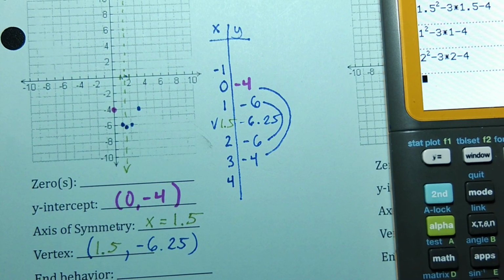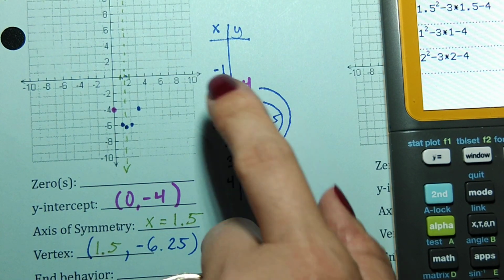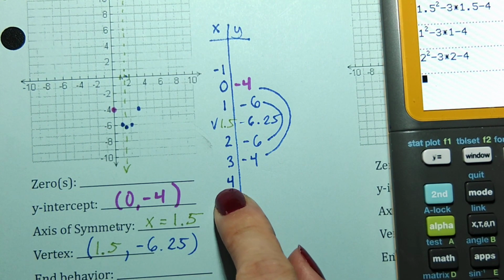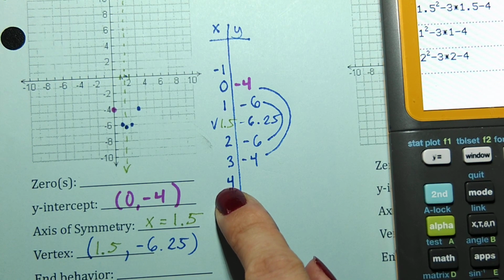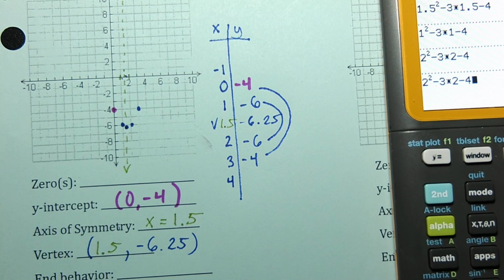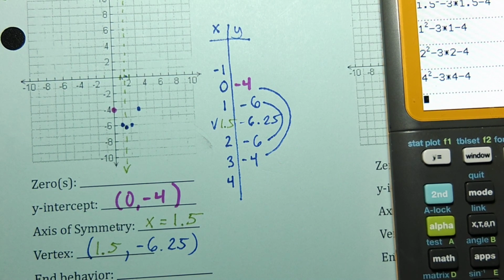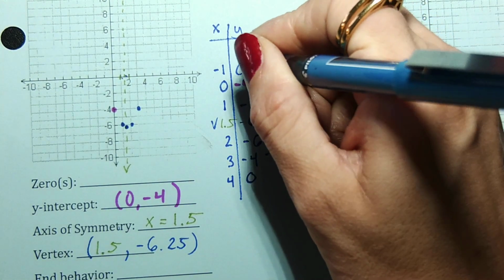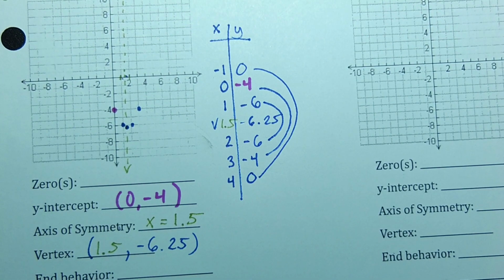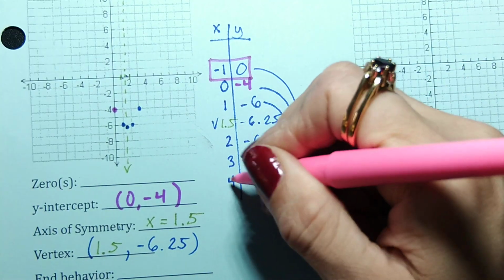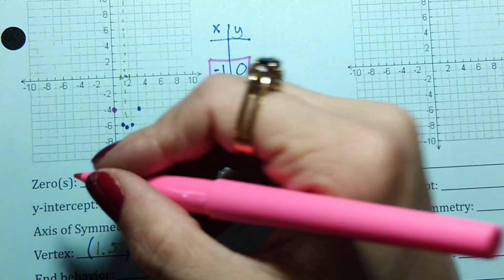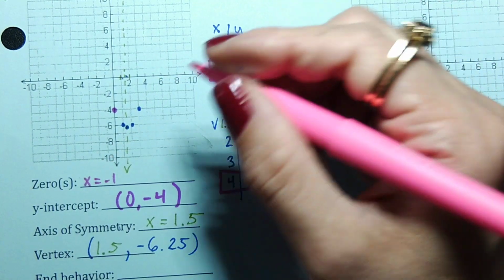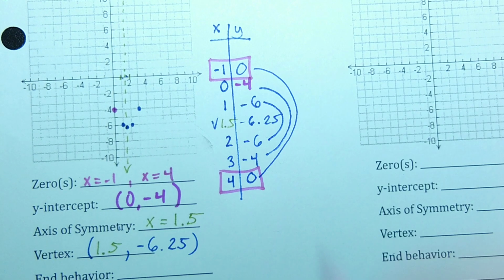Now, folks, to avoid having to use parentheses, which value is easier to plug in, -1 or 4? 4. So I'm going to hit second enter. I'm going to override those 2s with 4s. And we see that we get 0, which means this one is 0 as well. And there they are. We have now found our x-intercepts. So x equals -1 and x equals 4.